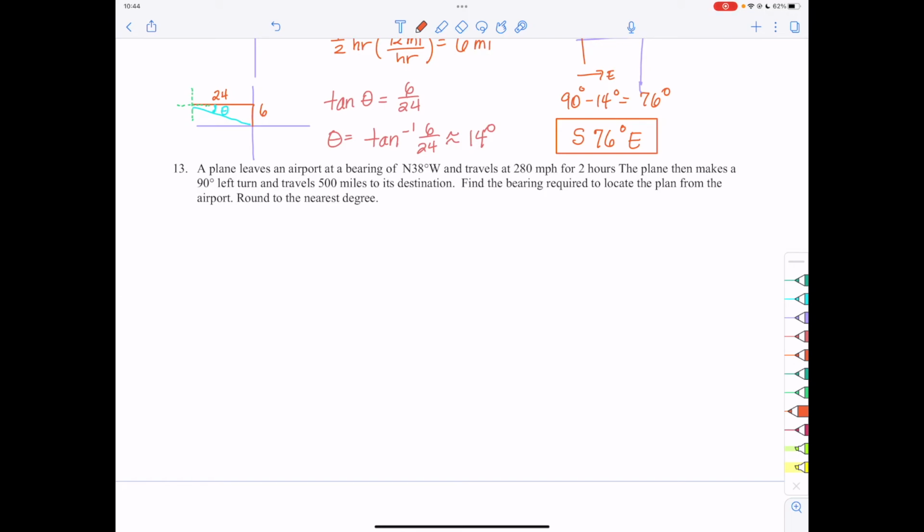And we will be looking for the bearing required to locate the plane from the airport. And we will round to the nearest degree. So we definitely need a nice sketch here.